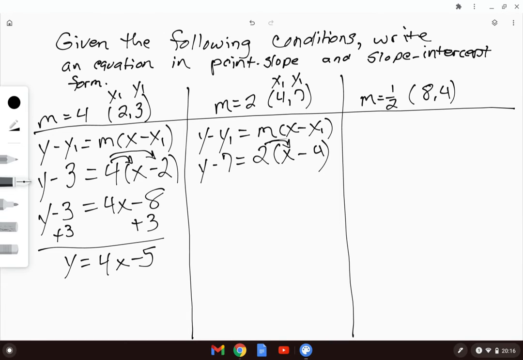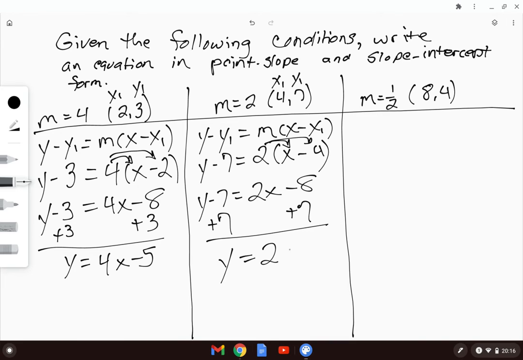So again, I just simply distribute. Then add the y1 to both sides. Negative 8 plus 7 is a negative 1.